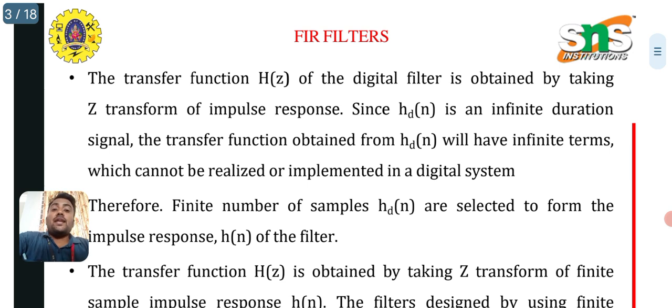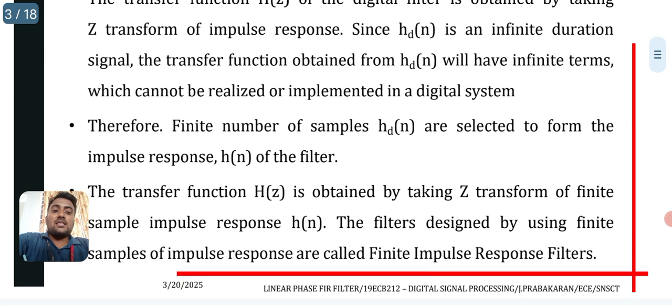Therefore, a finite number of samples is multiplied with the infinite number of samples, so we are using the windowing technique for this FIR filter design.